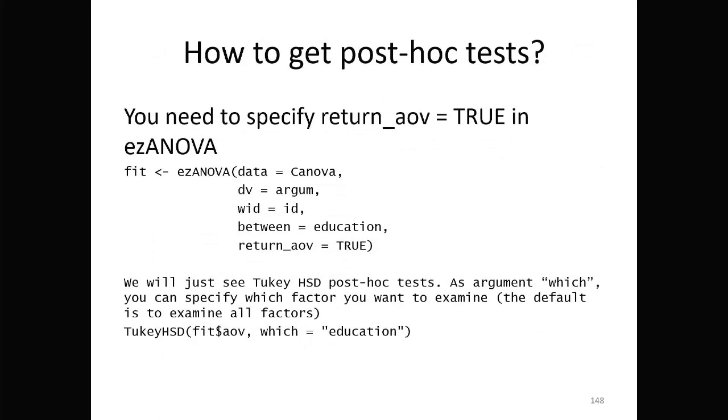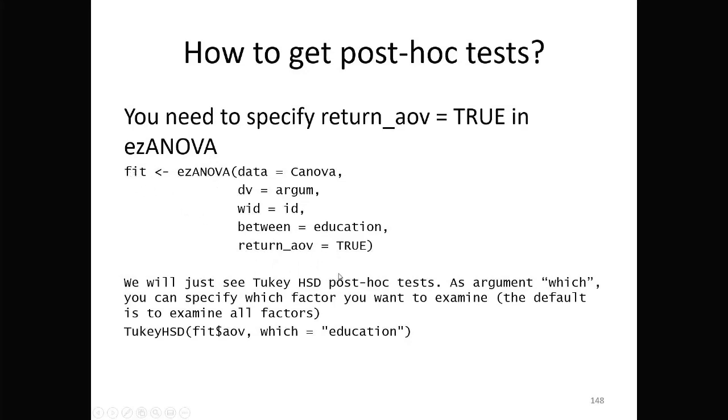Now, how would you get post-hoc tests? Well, first thing, you need to specify in this ANOVA return aov equal to true in your Easy ANOVA code, and you save it to an object.